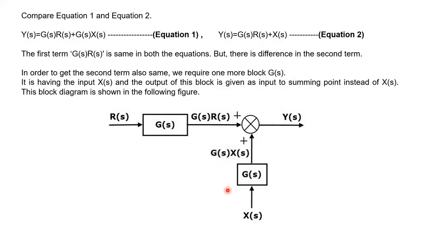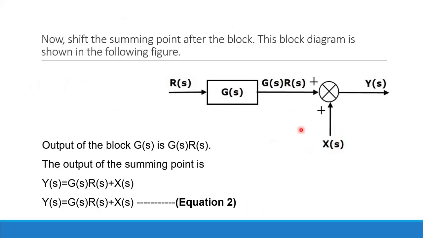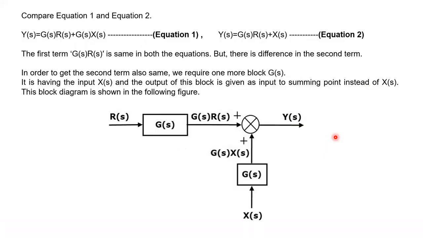So what will we do? Yes, the input given to the summing point in this modified diagram is X of S. So you need to add G of S to it. How will you add G of S to it? You just need one block between this X of S and the summing point.